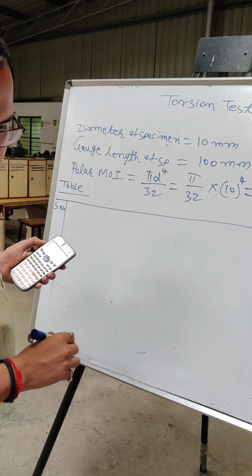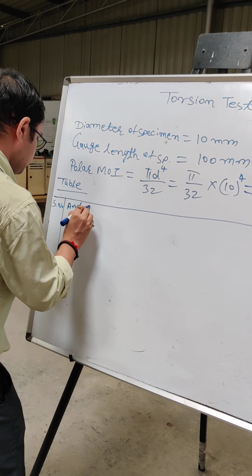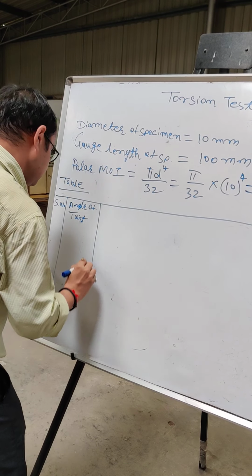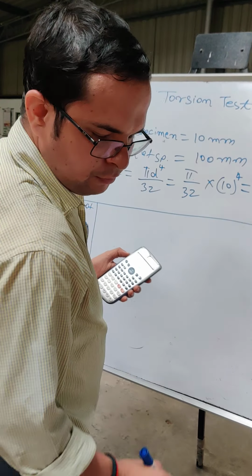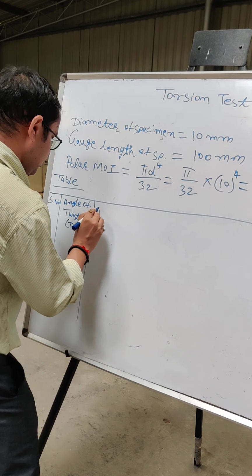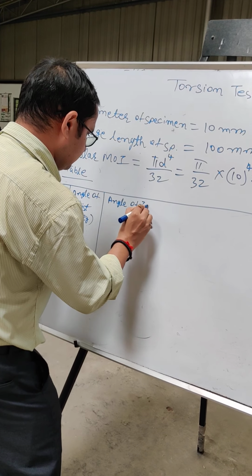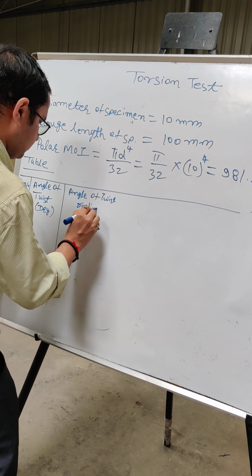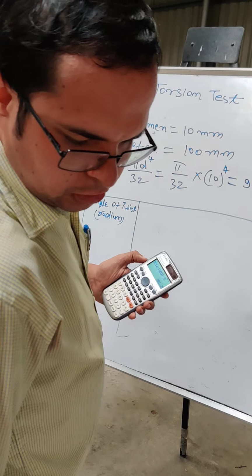Next, angle of twist, and angle of twist in radian. So this is 1 degree. Next, torque.